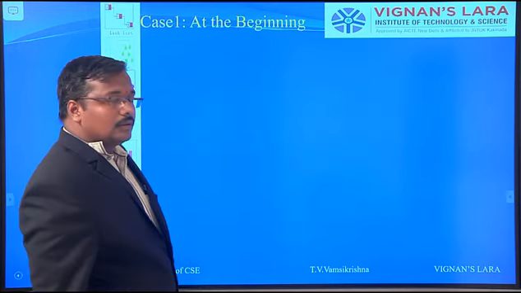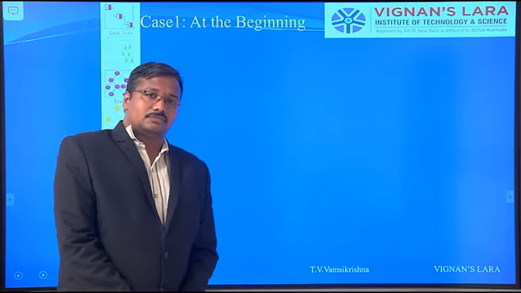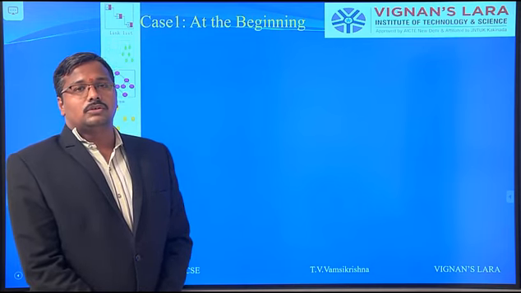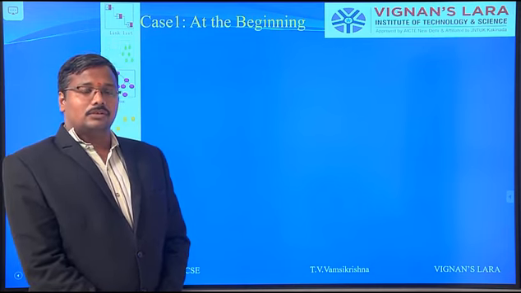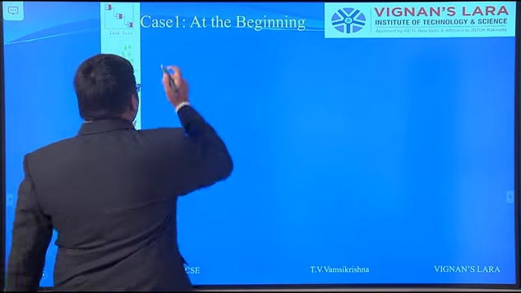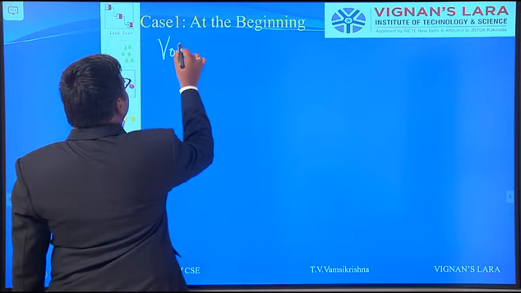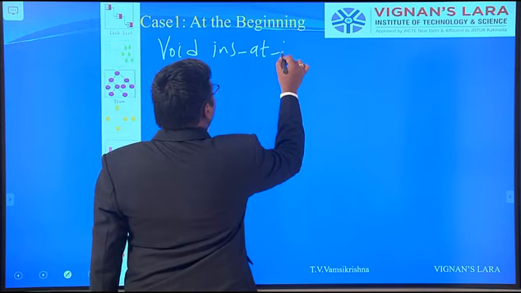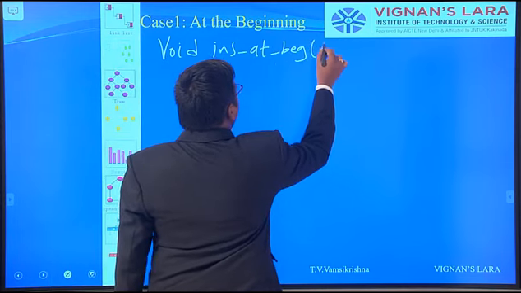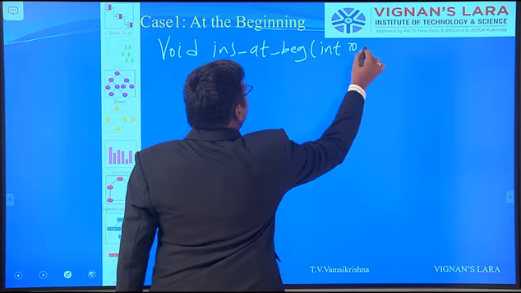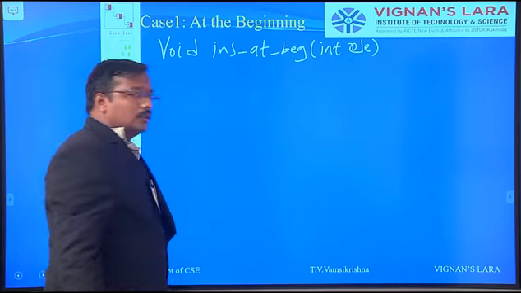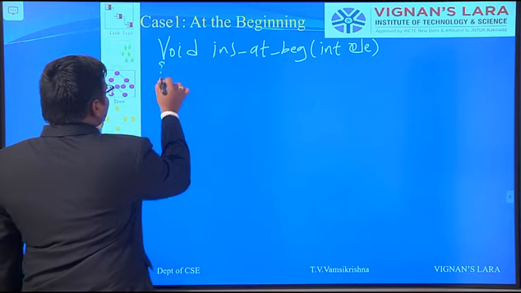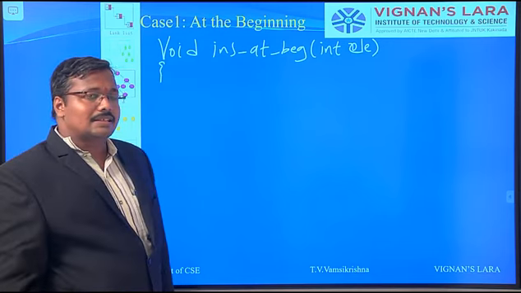Next, the insert at beginning function. Whenever we want to insert a node at the beginning position, how do we write the code? So void insert at beginning. For this we need to pass an argument, that is element. Here the generic case is common. What is the generic case?